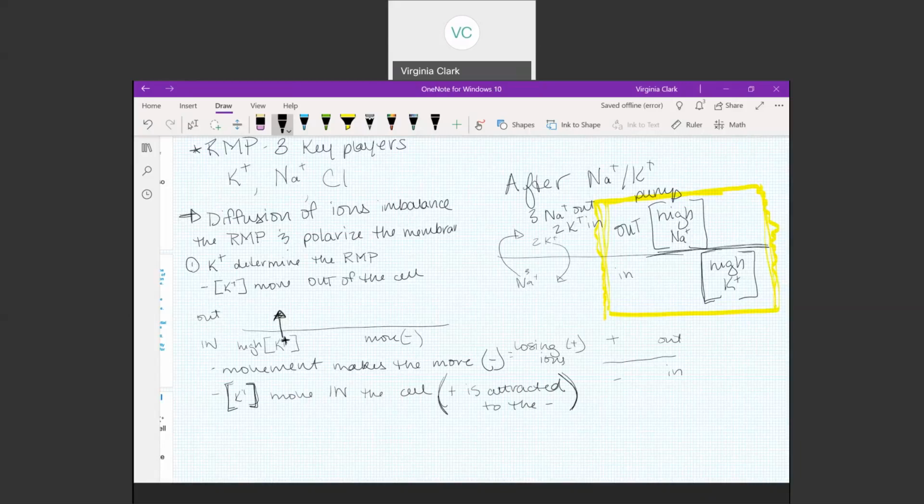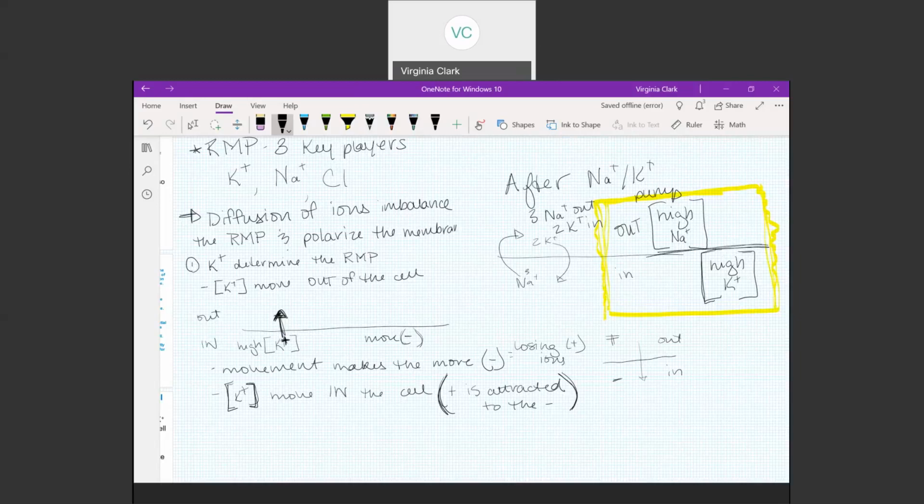I know it's really weird. So first we move potassium out of the cell. When we move potassium out of the cell, it makes the cell more negative, because we have lost a bunch of positive ions. Now we have a positive out and a negative in. Potassium, which is now outside the cell, moves back into the cell because the positive is attracted to the negative.